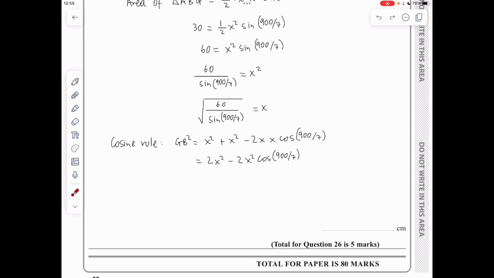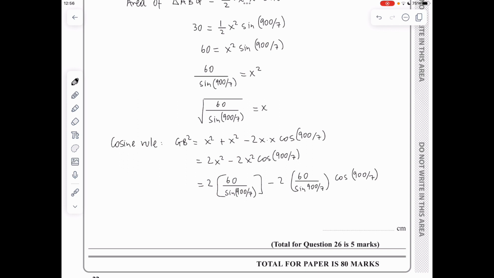Well, we have established that x squared is 60 over sine of 900/7. So we have 2 times 60 over sine of 900/7, and then minus 2 times 60 over sine of 900/7 times the cosine of 900/7.